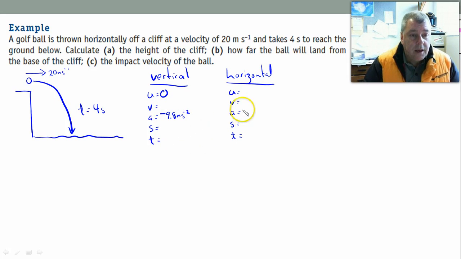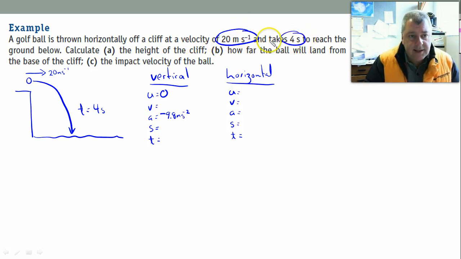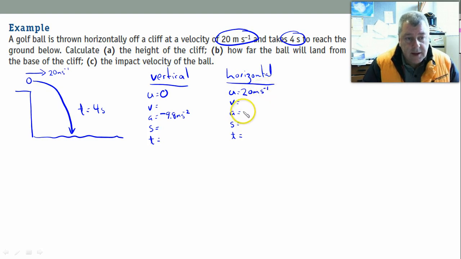For the horizontal, let's fill in the information that we know. The 20 meters per second is the horizontal velocity, so that goes here. Because the horizontal motion isn't being affected by air resistance or anything, the acceleration is 0.